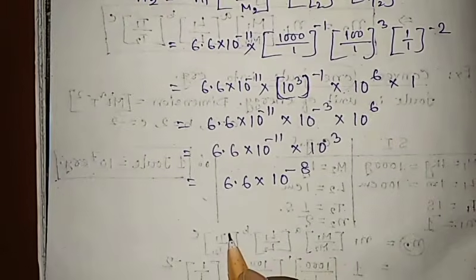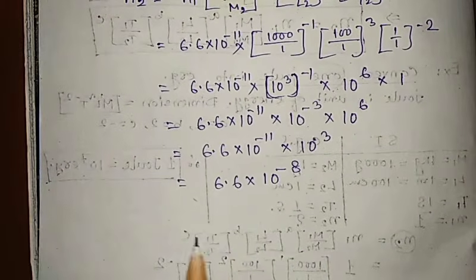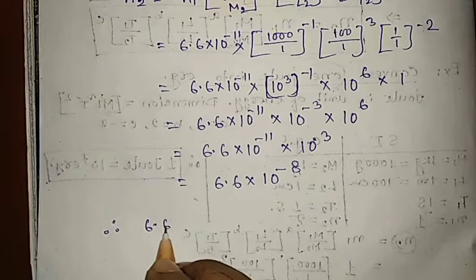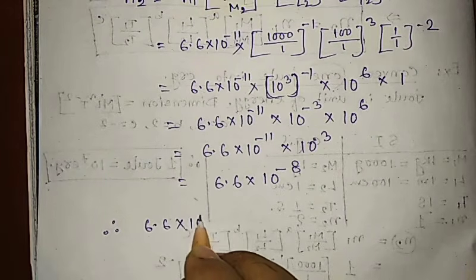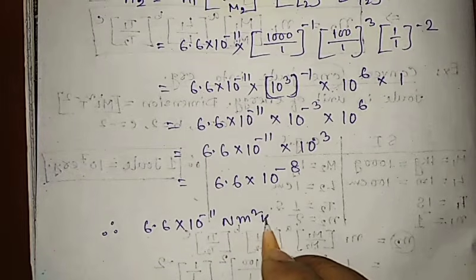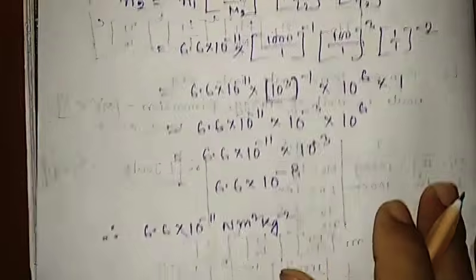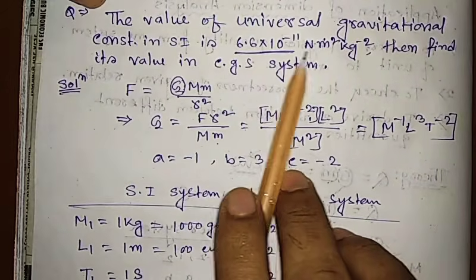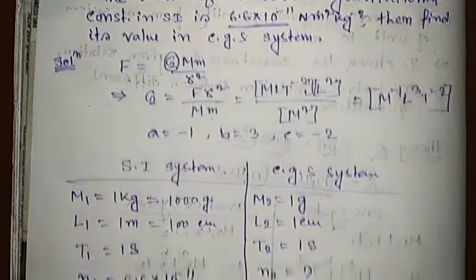Now the final answer we have to write. Therefore 6.6 into 10 to the power minus 11 Newton meter square kg to the power minus 2. It is given to you here. The value is 6.6 into 10 to the power minus 11 Newton meter square kg to the power minus 2.